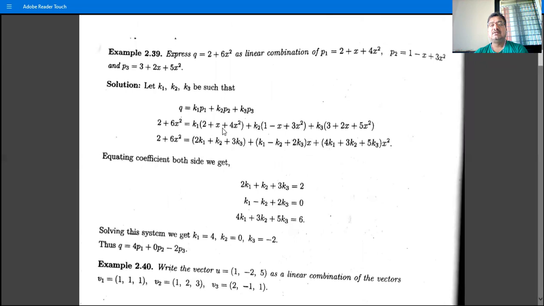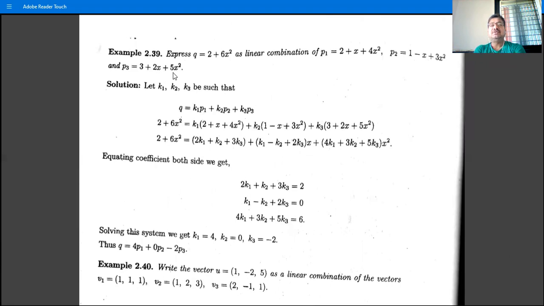So q is 2 plus 6x square; then write k1 times p1, p2, and p3. All these q, p1, p2, and p3 are elements of P2. What is P2? P2 is the vector space of all polynomials of degree less than or equal to 2 with real coefficients.